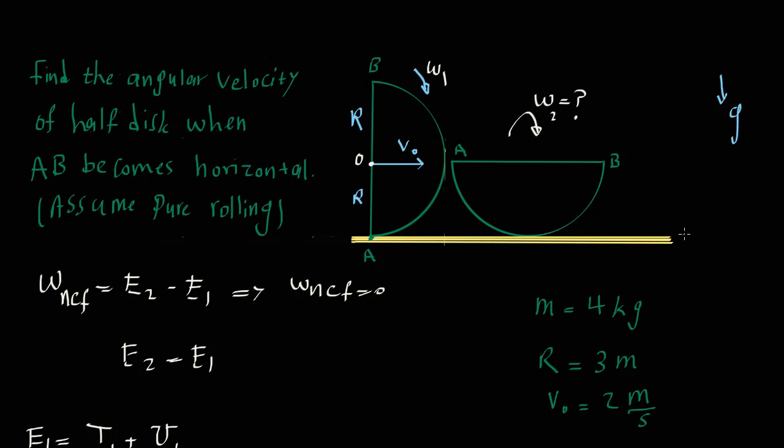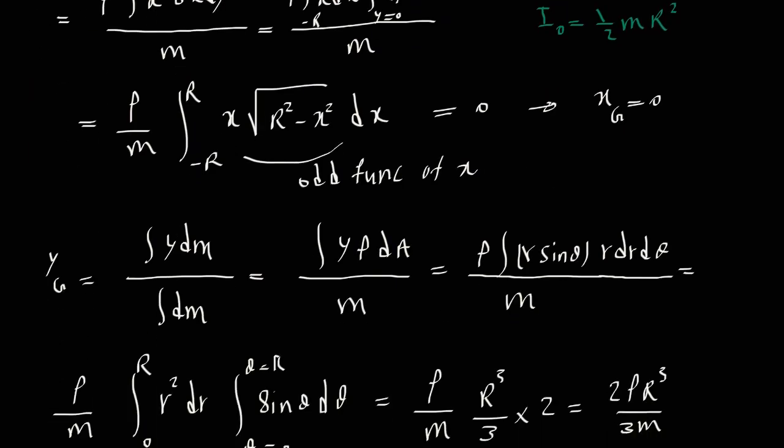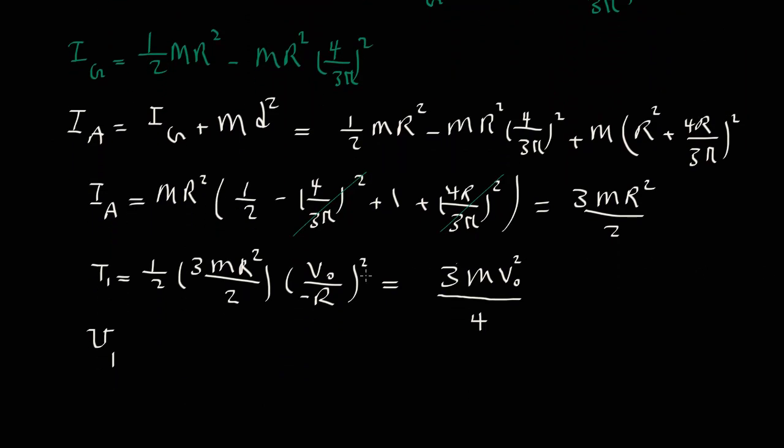So if this is the reference line, and G is here, we can say that the potential energy would be just m times g times the height of the center of mass above the reference line.